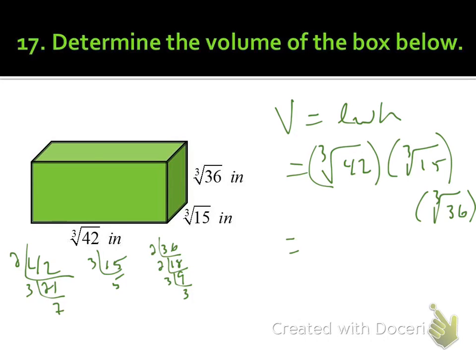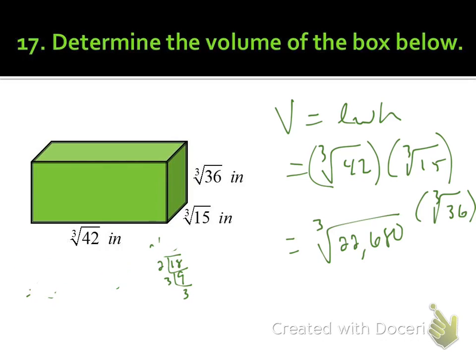We got to take 42 times 15 times 36, and we get the cube root of 22,680. That we want to try to simplify down.